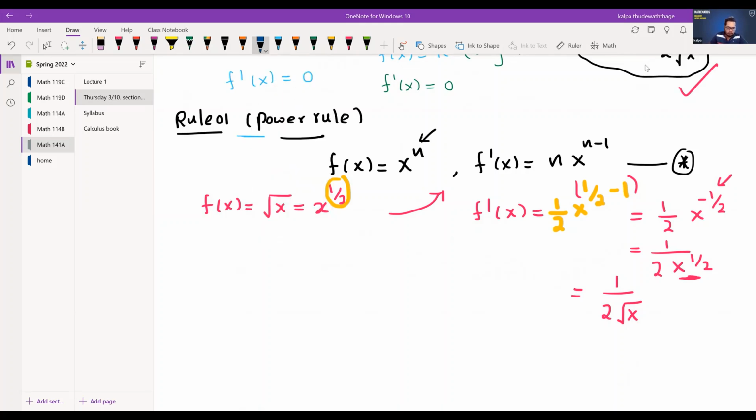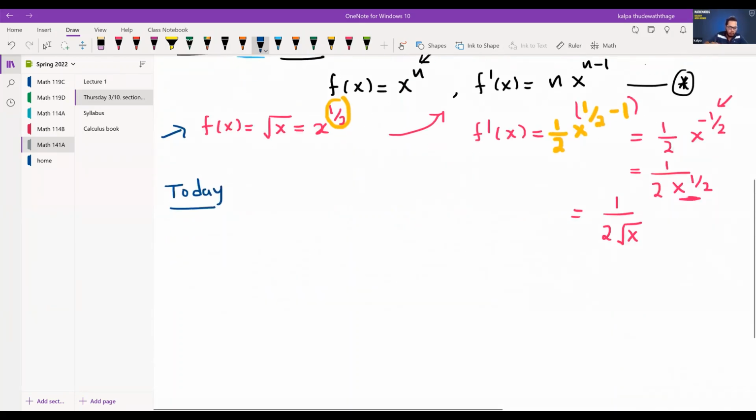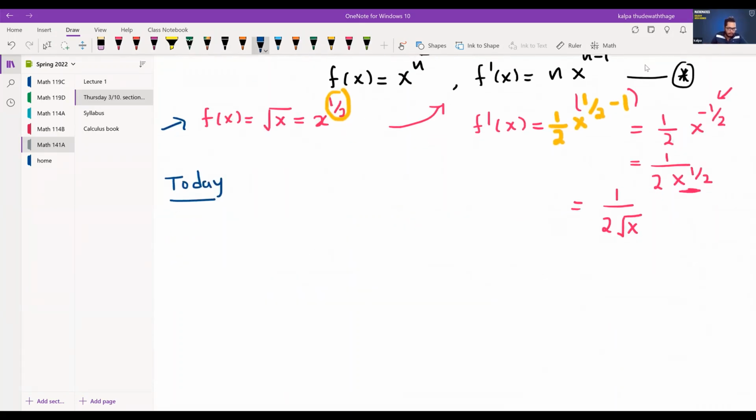This is where we stopped, so today I'm going to tell you some more details. One more thing I think you remember: if you have a function f(x), let's say x to the power 3, you know how to get the derivative.